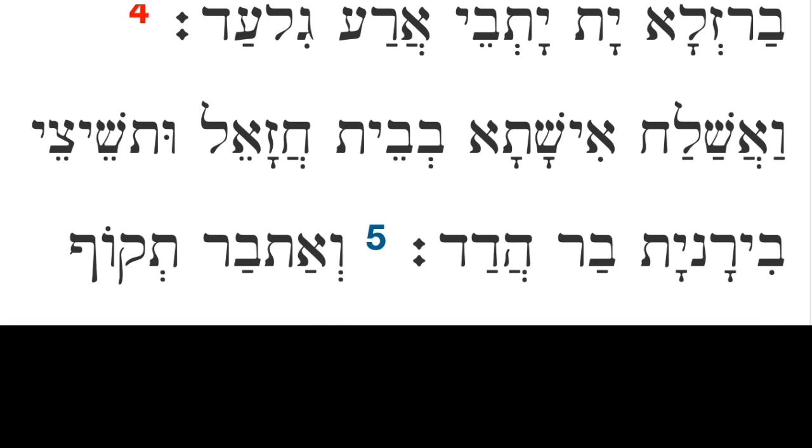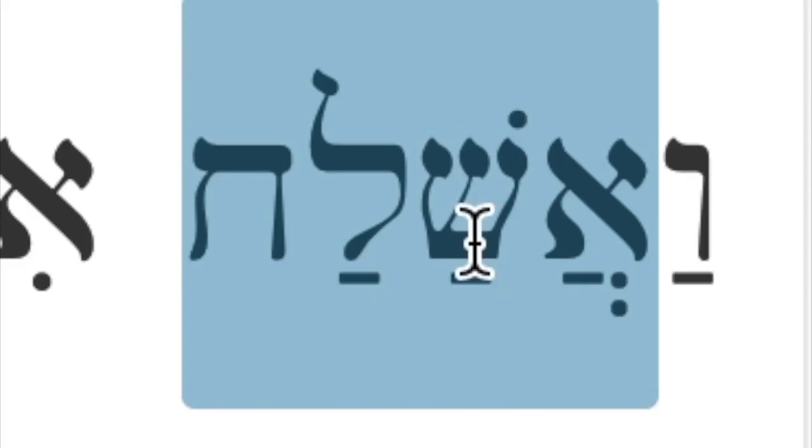One more time, a little slower. Vashalach ishata bevet Chazael utshetze biranyat bar Hadad. So Vashalach means, and I will send fire. This is the Aramaic D stem or pa'el, whichever nomenclature you prefer to use.